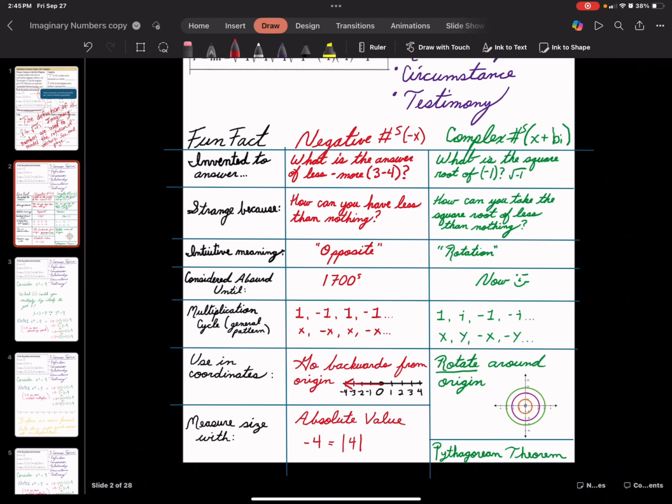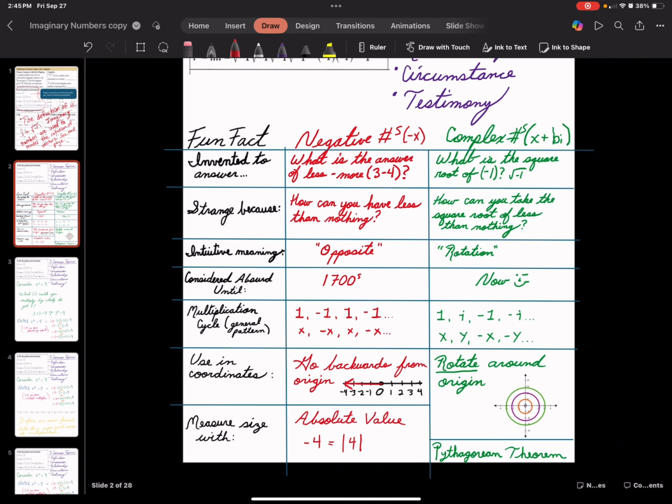And if we go over to the complex numbers, they were invented to answer the question, what is the square root of -1? They're strange because how can you take the square root of less than nothing? The intuitive meaning, again, we talked about the negative numbers being opposite, but for complex numbers or imaginary numbers, we're talking about rotation.